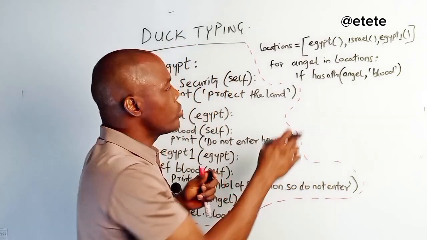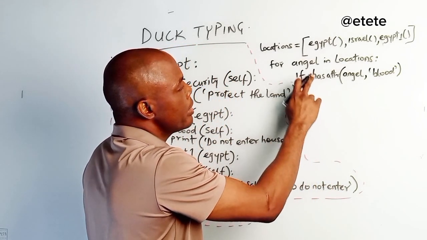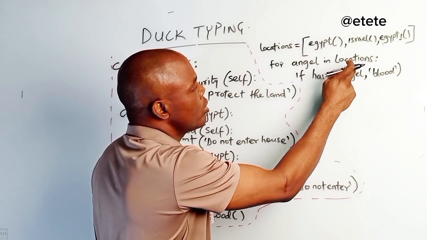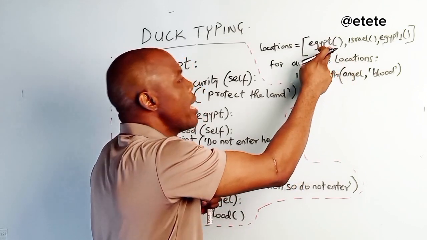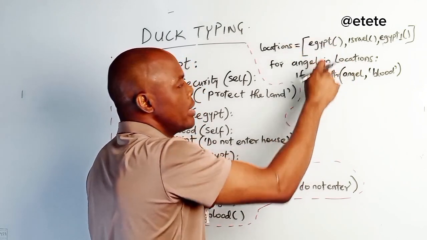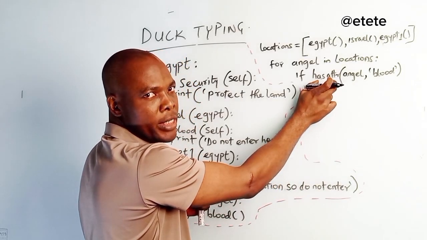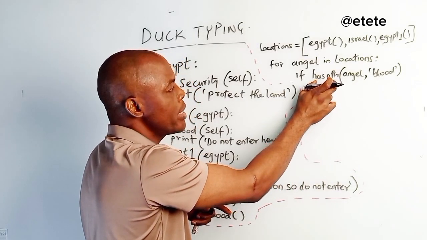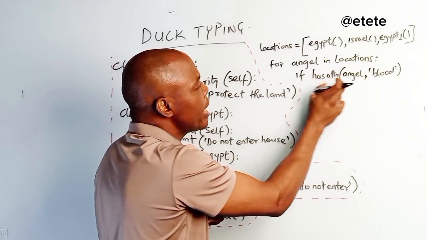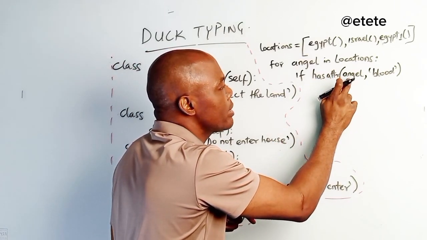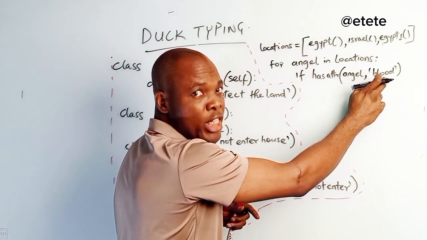What it's going to do is check what I copy from this locations, let's say this Egypt, I copy this Egypt into this place, then it will check. This is a built-in function inside the Python library, hasattr. It will check if what is inside this place has a method that is blood.